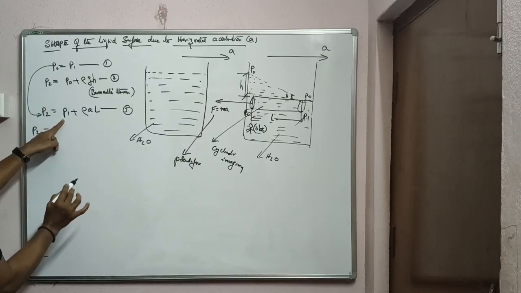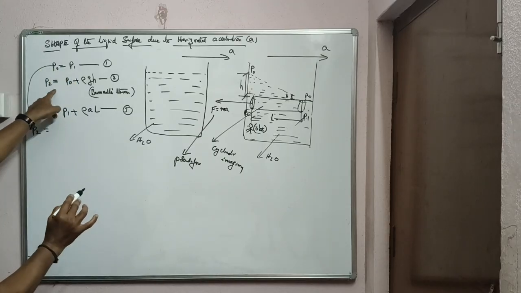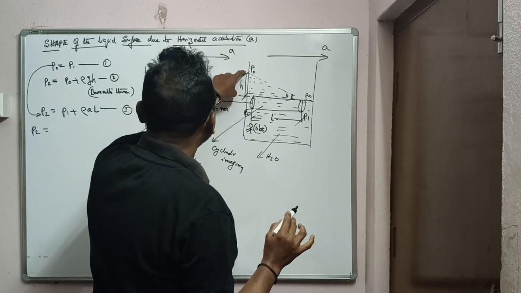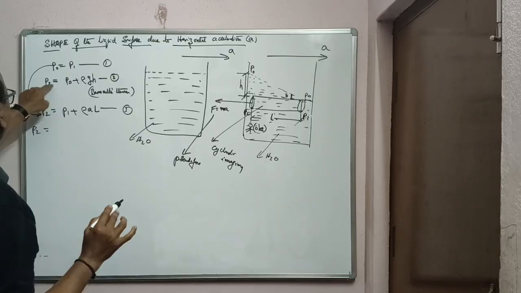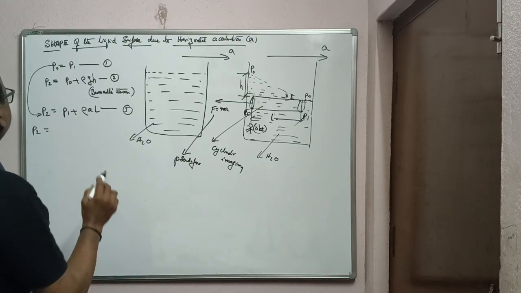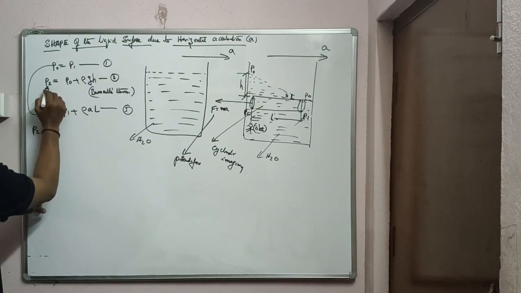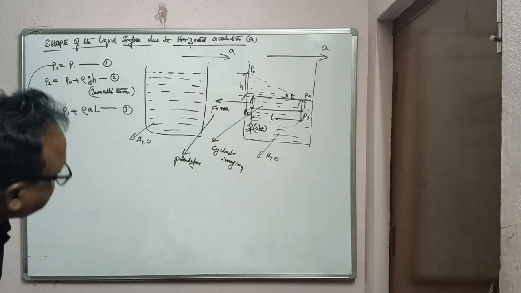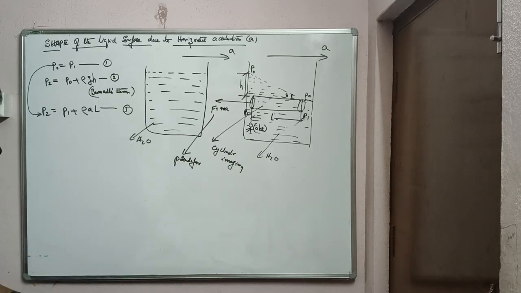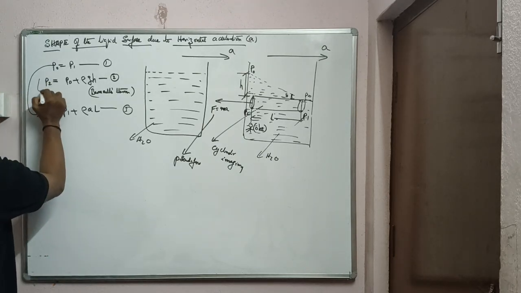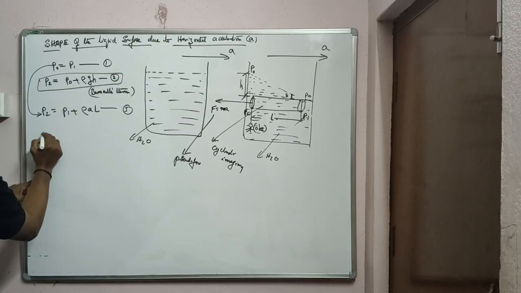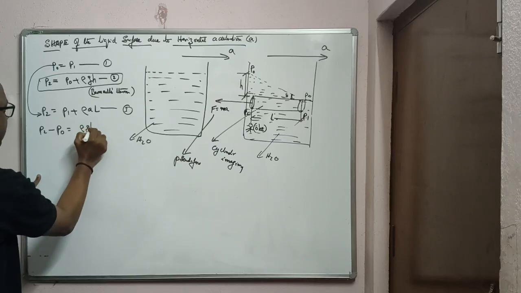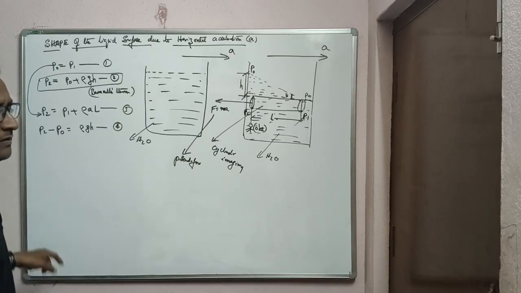P naught is equal to P1. Then look here: P2 is equal to P naught plus rho gh. So look at these two. I write it here. Look at this equation: in equation 2, what is P2 minus P naught? rho gh. I'll put it as equation 4.